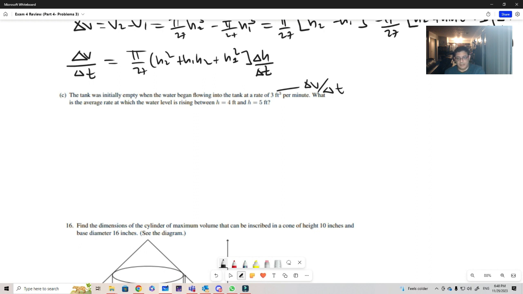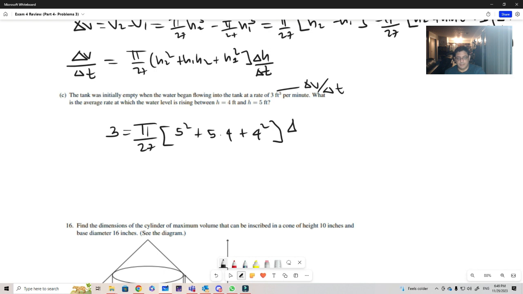So we can set up dV/dt being 3. So 3 equals pi over 27, and h2 is going to be 5. So this is 5 squared plus 5 times 4 plus 4 squared, since we established the two heights.